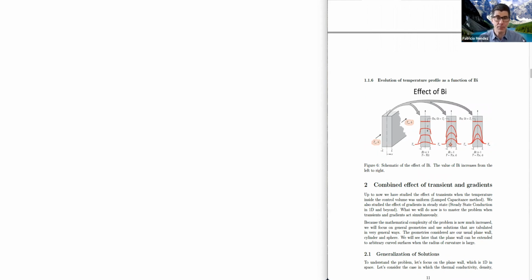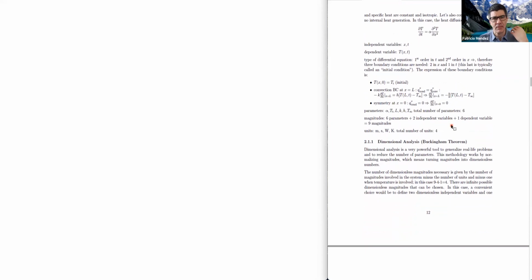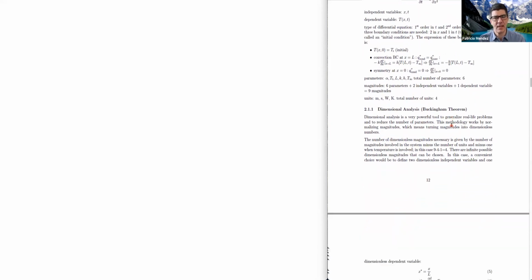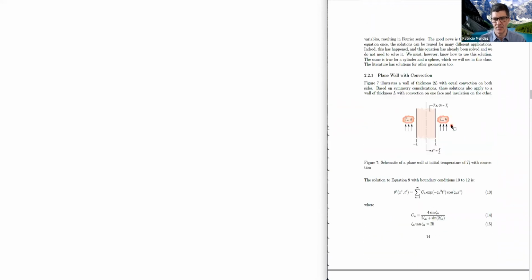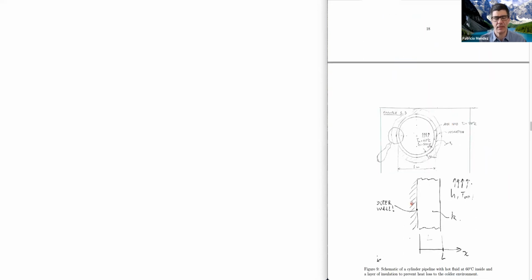I had many steps of reasoning here. My hope is that they become kind of automatic to you. So symmetry means a flat profile in the center, which means no gradient, which means no heat by conduction, which means this is the same as being insulated, like in this case.